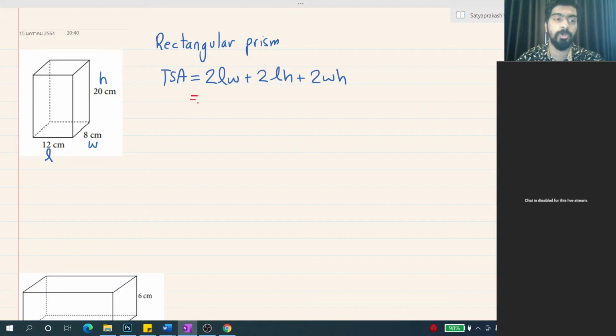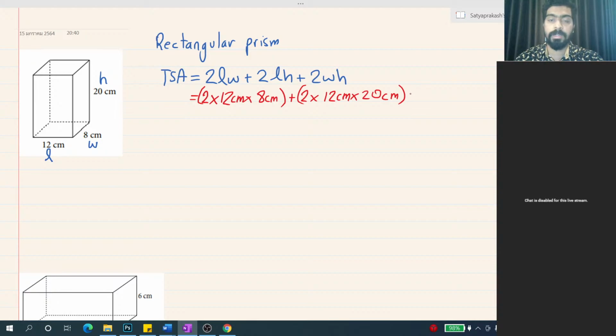The first one is 2LW, so we have 2 multiplied by the length, which is 12 centimeter, multiplied by its width, which is 8 centimeter. The second one is 2LH, which is 2 times the length, 12 centimeter, multiplied by its height, 20 centimeter.